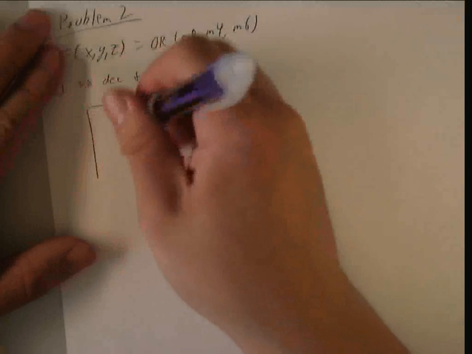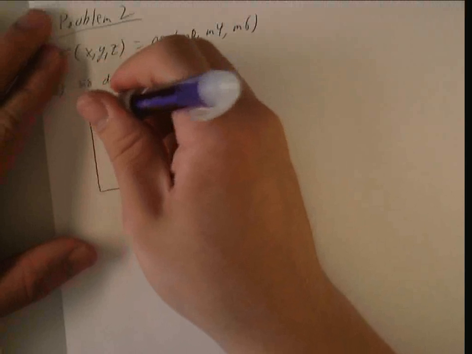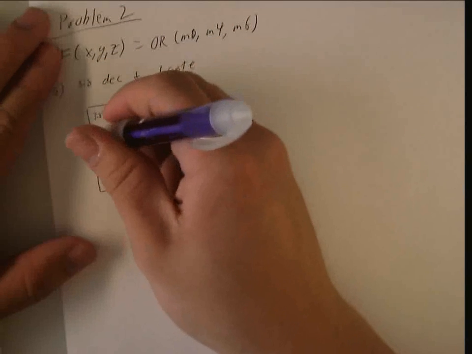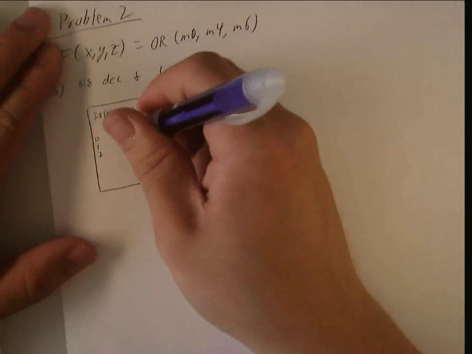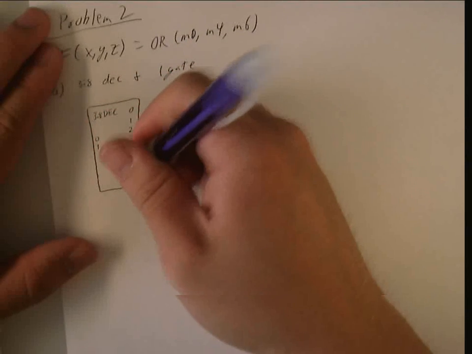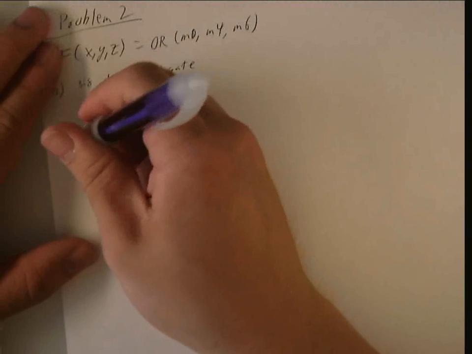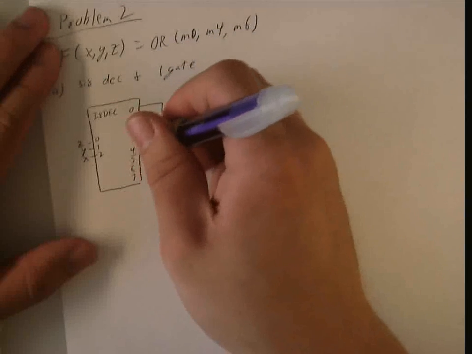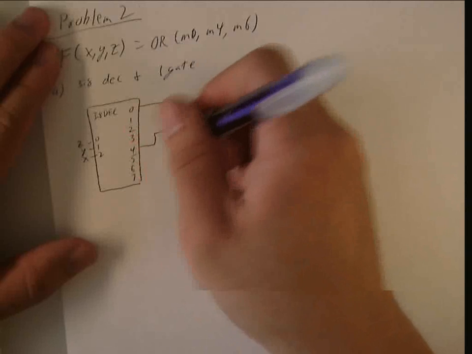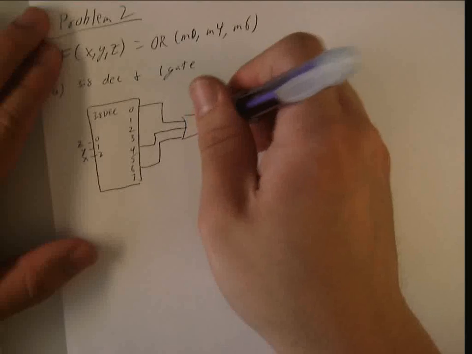So I'm going to have my 3 to 8 decoder, and it's going to have inputs of 0, 1, and 2, and outputs 0, 1, 2, 3, 4, 5, 6, 7, and X is my most significant bit, and then Y, and Z. I'm going to want to OR M0, M4, and M6 together, and that completes part A.